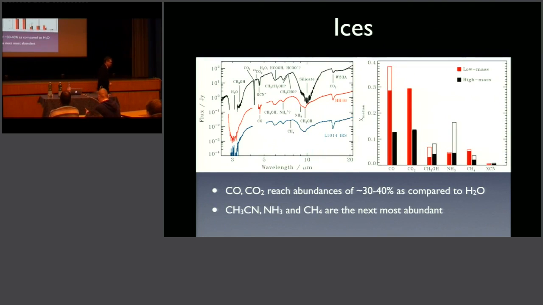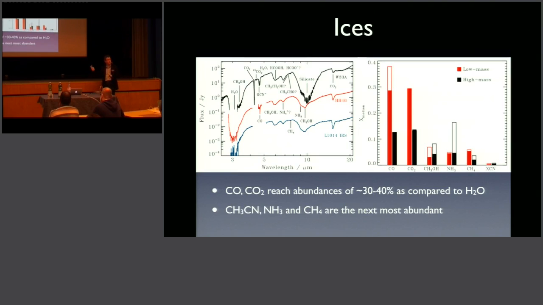So these are examples from Oberg et al. I forgot to put the reference, I'll add it to the slides. You see observations of a number of objects in the mid-infrared with Spitzer spectroscopy, and you see the ice feature measurements and the abundance of different organic compounds as compared to water.